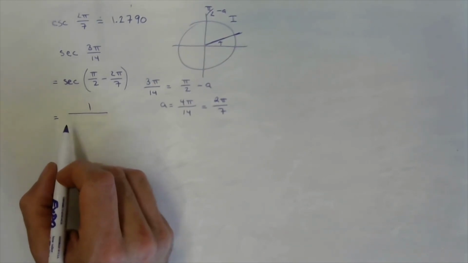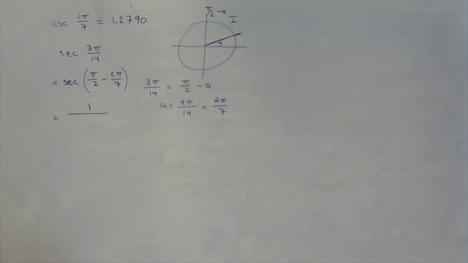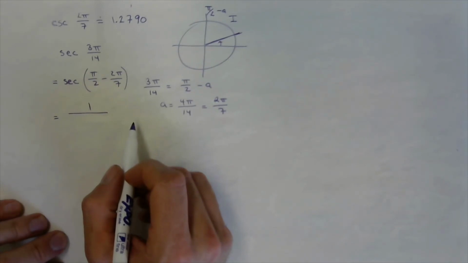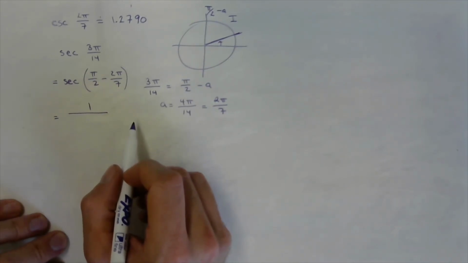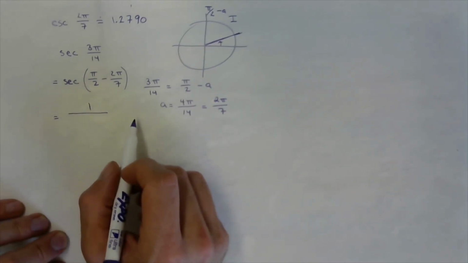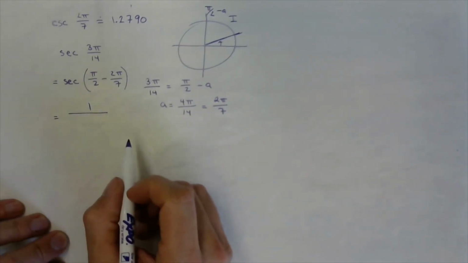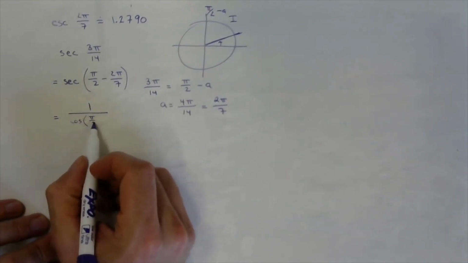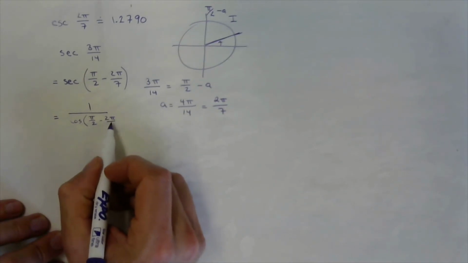Yep, and actually, it looks like, no. Secant goes with, actually, might go with cos. Sine, cosine. I guess I could just look at my sheet. Secant goes with cos. It's 1 over cos. So we've got the cosine in the denominator of pi over 2 minus 2 pi over 7.